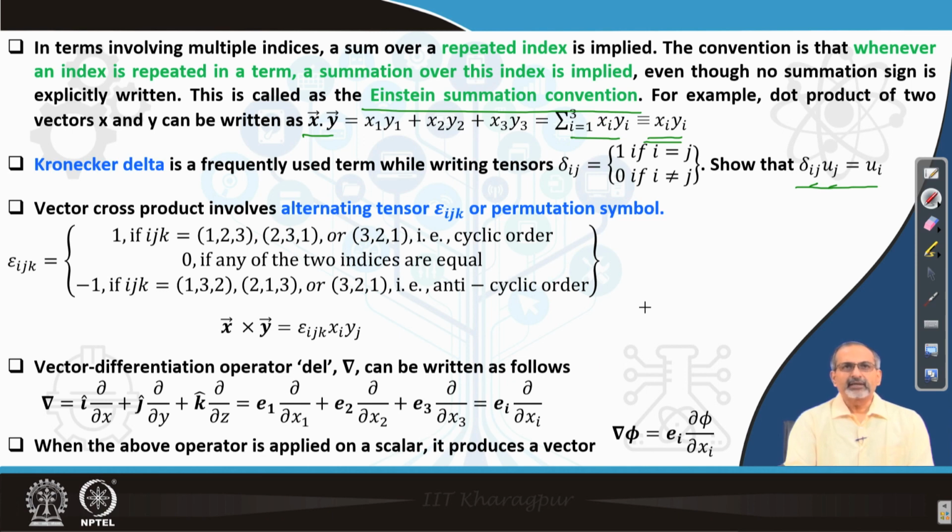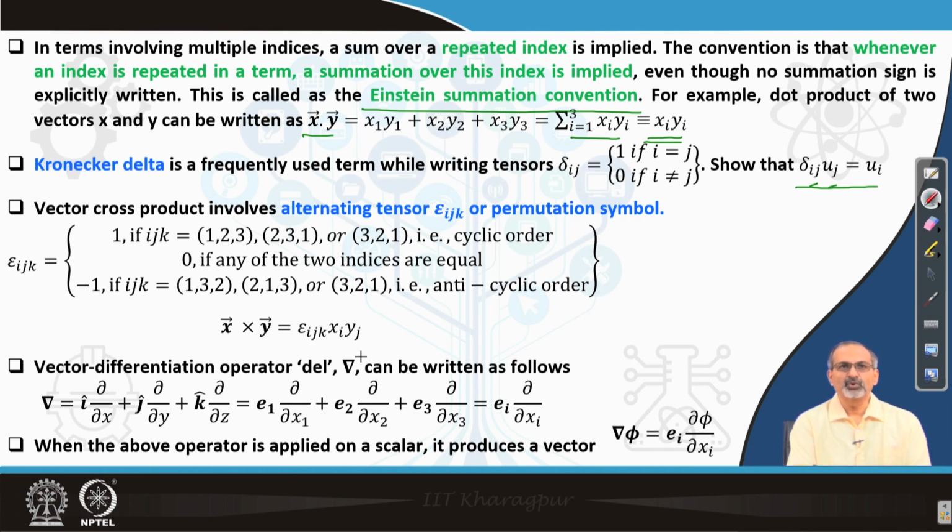Vector cross product involves the alternating tensor epsilon ijk. So, you now have three different indices, or it is often called the permutation symbol too, and the definition is a little more complicated than the Kronecker delta. You see that epsilon ijk will be equal to 1 if the ijk indices are varying in a cyclic order.